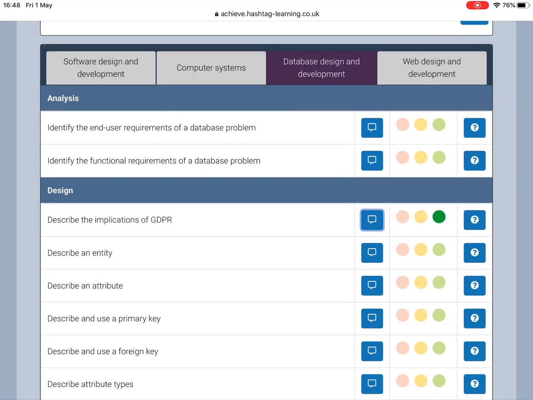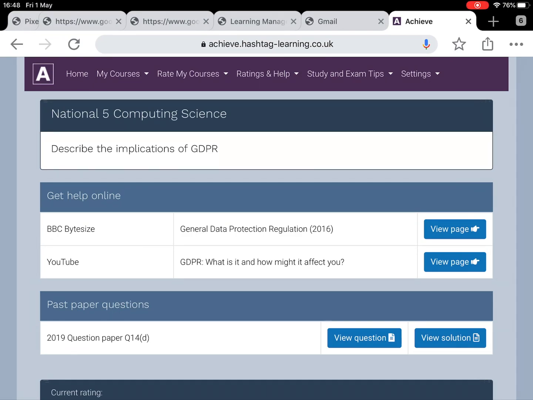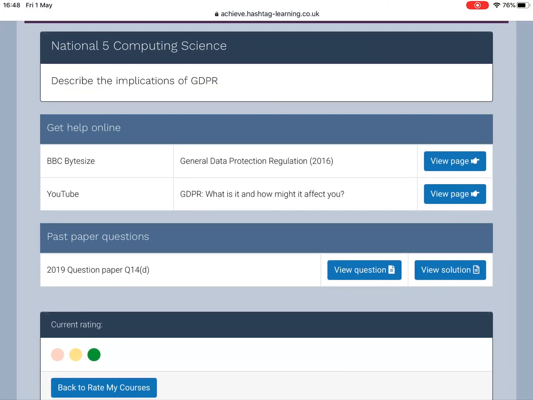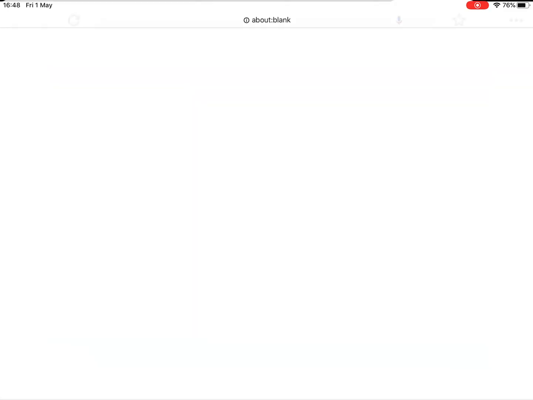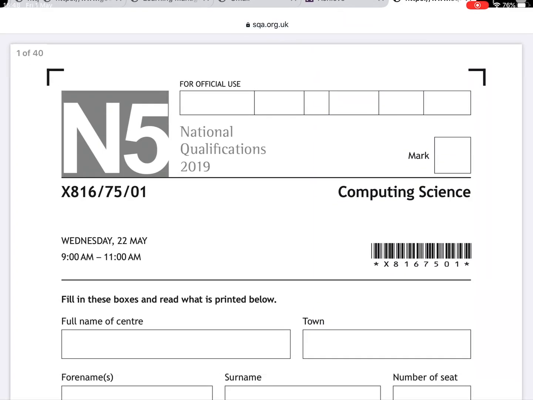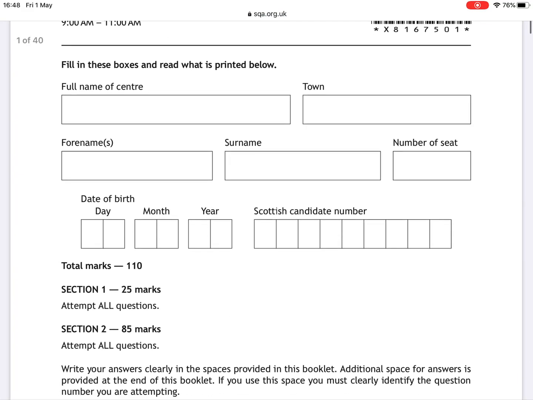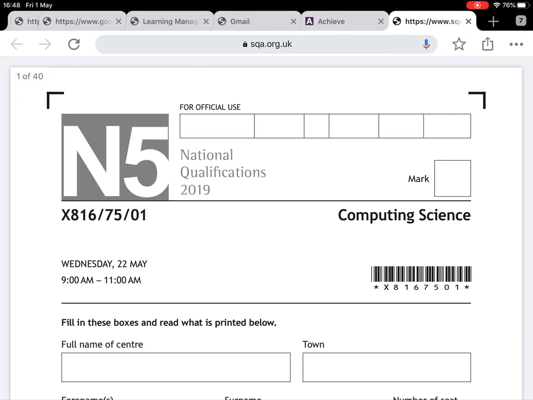If I go to the question mark for GDPR, yep, there's a past paper question for this one. So in 2019, question 14D was about GDPR. So let's view that question. Okay, it should take us to that question. I think I just clicked on it. Let's go back, view question.